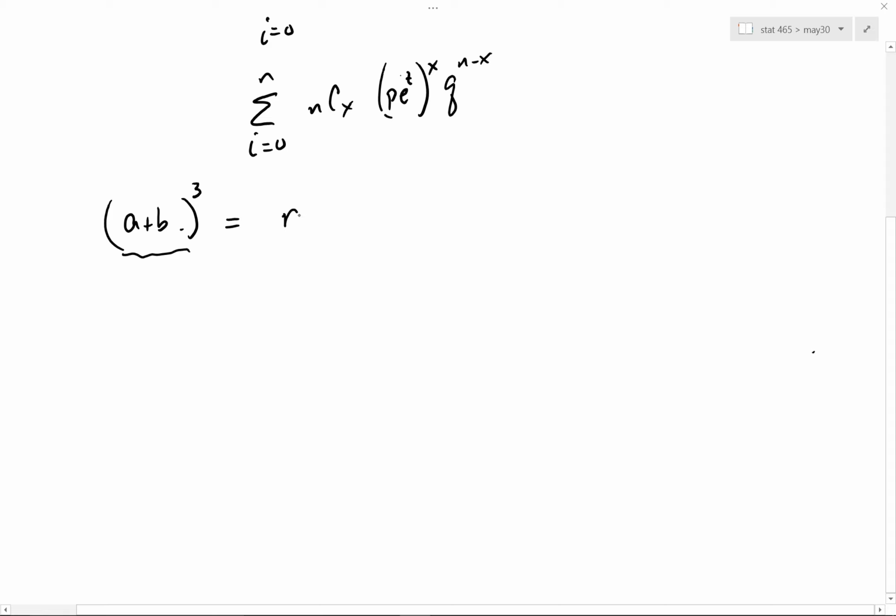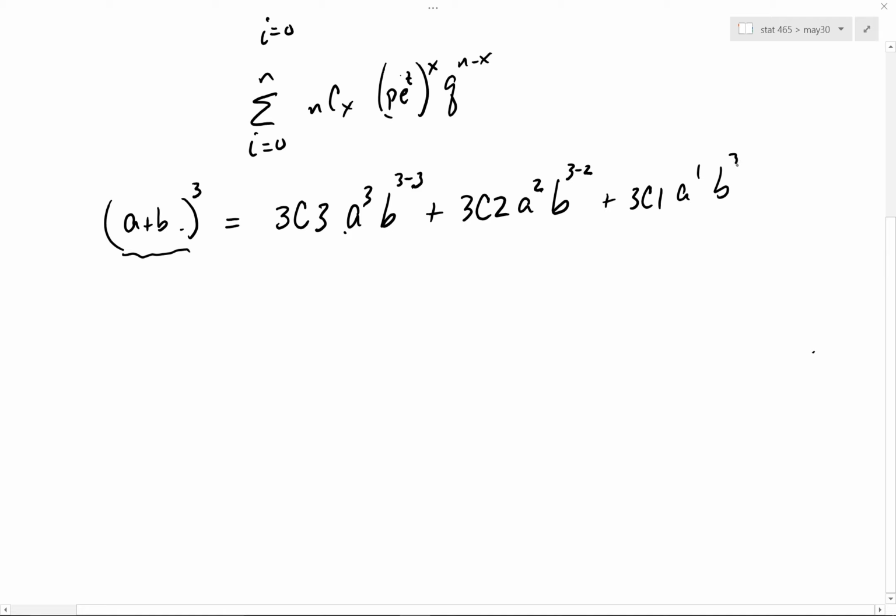So the game is you go, it's 3 choose 3, a to the 3, b to the 3 minus 3, plus 3 choose 2, a squared, b to the 3 minus 2, plus 3 choose 1, a to the 1, b to the 3 minus 1, plus 3 choose 0, a to the 0, b to the third.